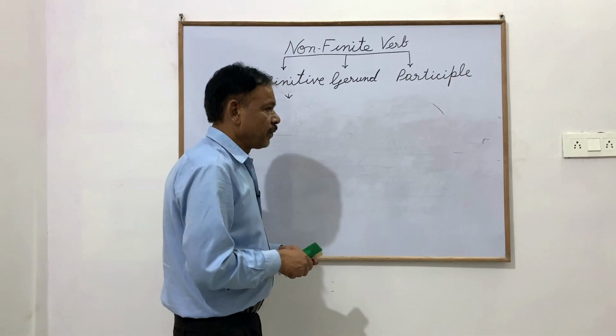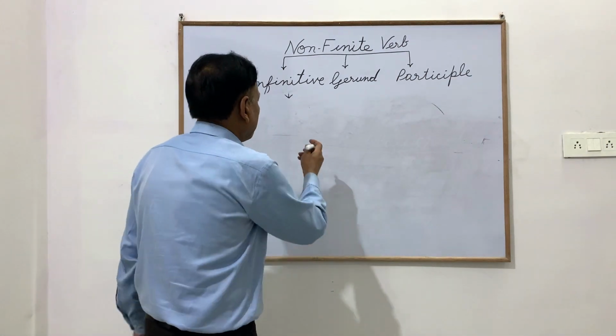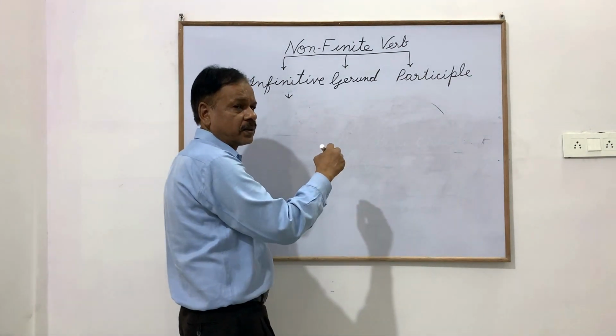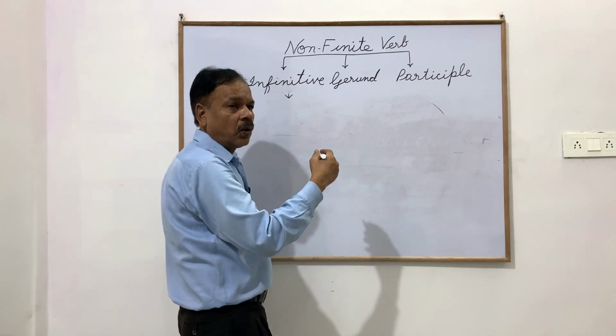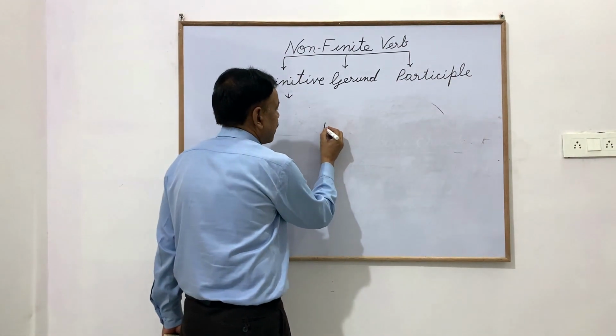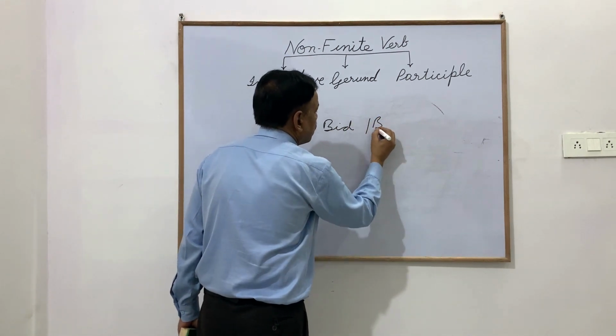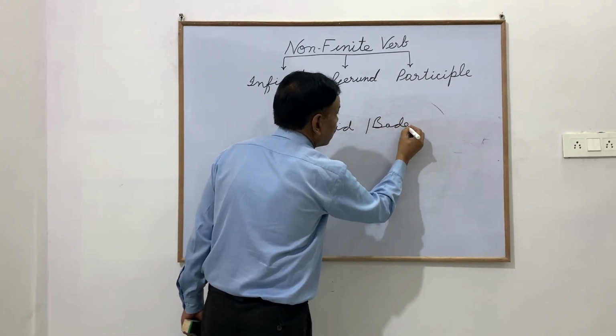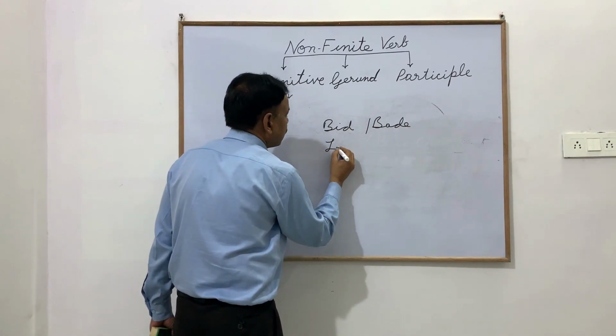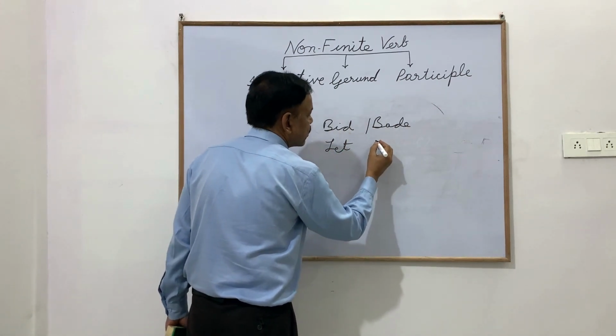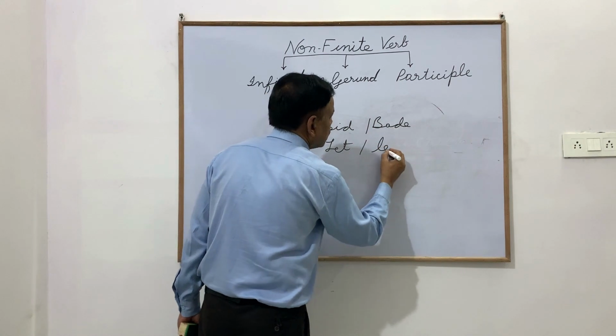So bare infinitive, you see, there are certain verbs that are followed by bare infinitives. This is bid, past form bid. Let, in the beginning of the sentence also, and in between it comes.